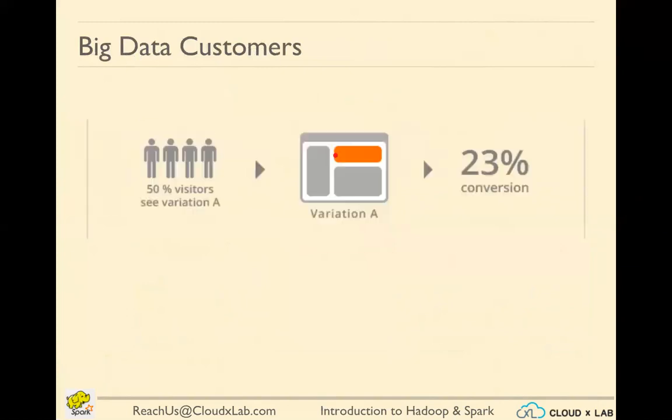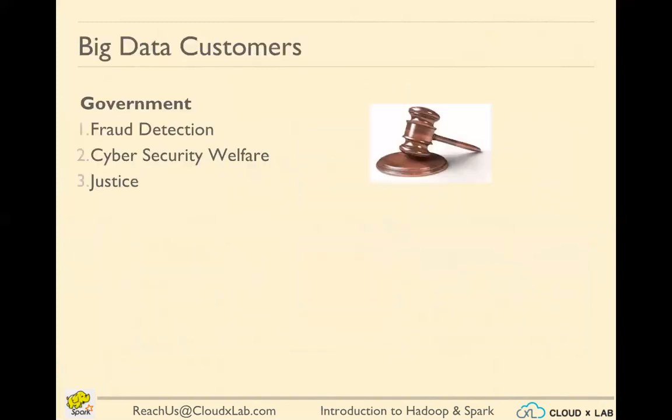Now, this was e-commerce. There are many other users of big data, such as government. Government is a big user of big data related systems. Why? Because everything in government is big data, because of the sheer population.